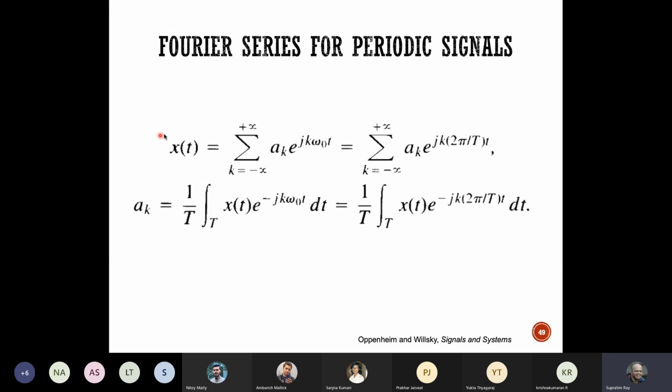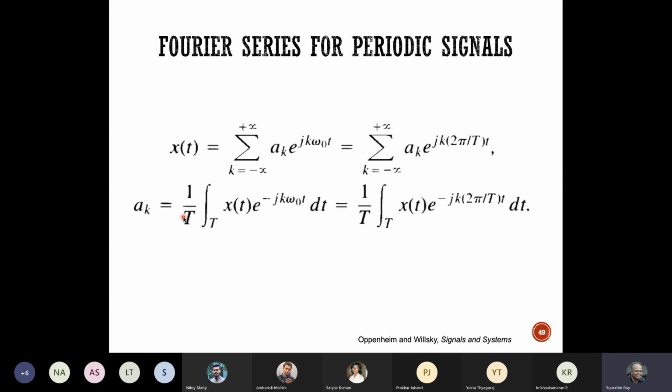So actually because the difference is at an infinitesimally small point, the energy of the difference xt minus x1t whole square dt, if you integrate it, it's going to be 0. Okay, and then this is what is called mean square convergence, which means that x1t should be considered same as xt because the energy of the difference is actually 0. So this is where the convergence of this comes into the picture.